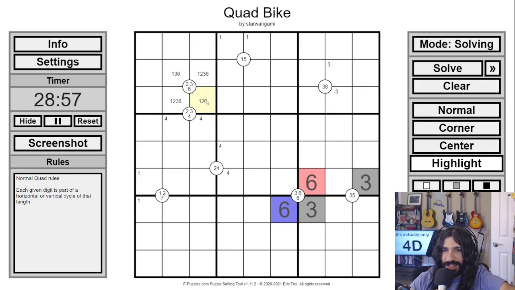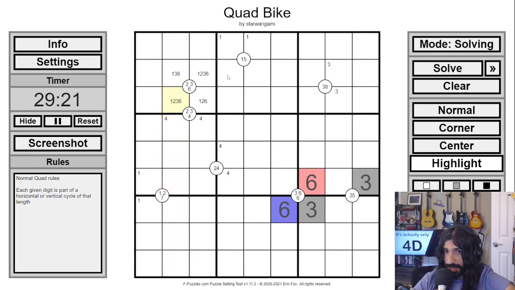Okay, so if there's a 2 here, then there would have to be a 3 either here or here for this to be in either a horizontal or vertical 2 cycle. The only issue is that a 3 here can't be in a horizontal 3 cycle because it points to itself. That's a 1 cycle. Similarly, this can't be in a vertical 3 cycle because it would point to itself.